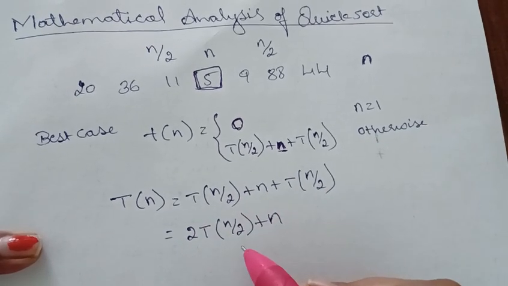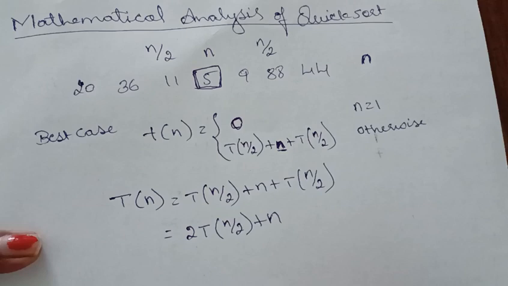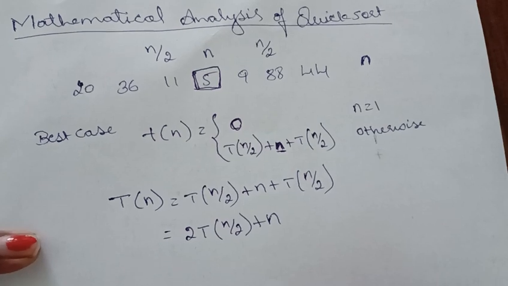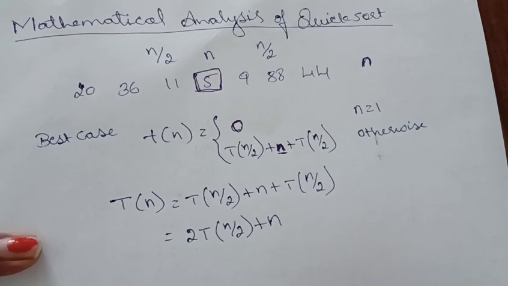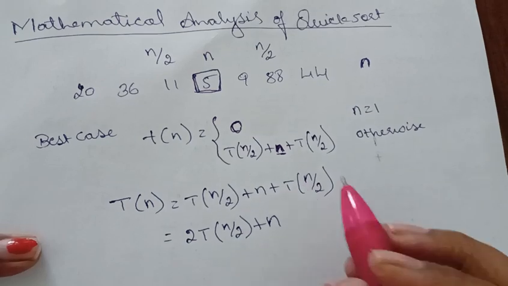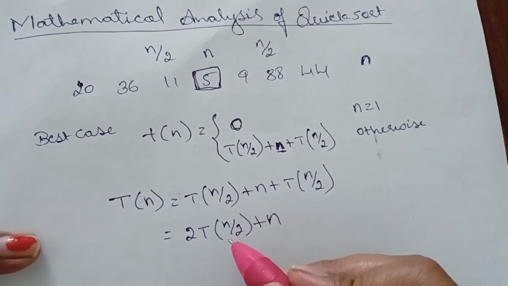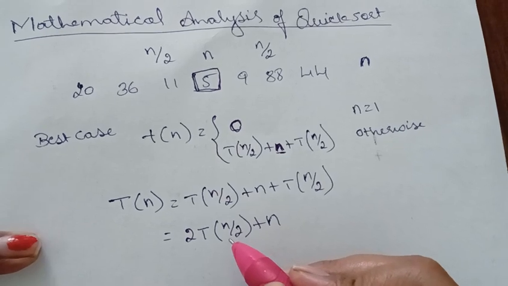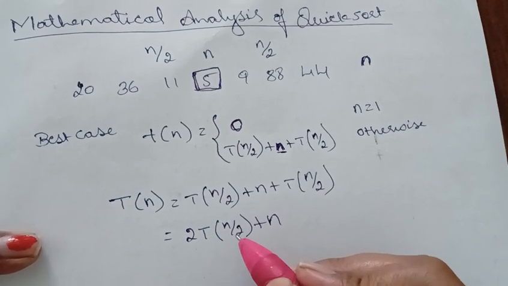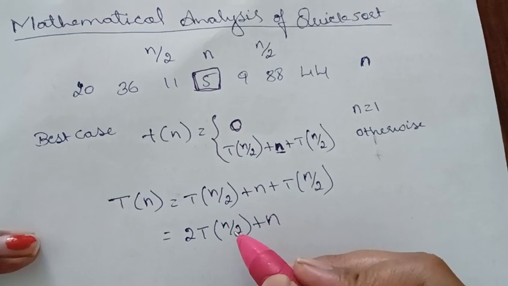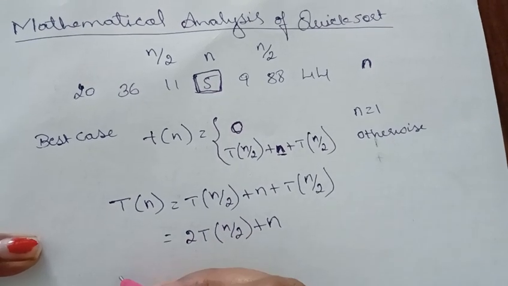The same thing here also, replace n by 2. In the previous mathematical analysis, inside the function you had n minus 1, so I was replacing it with n minus 1, but here inside the function I have n by 2, so I have to replace this with n by 2.